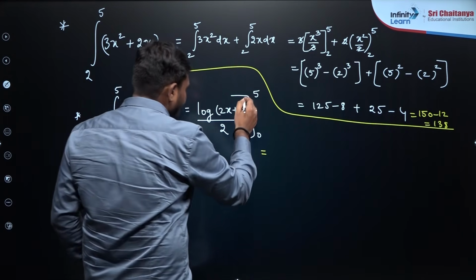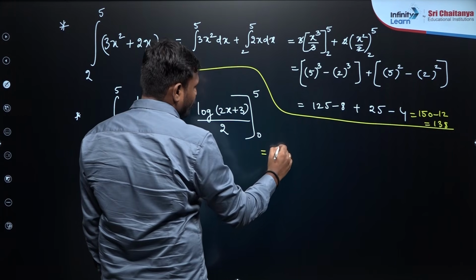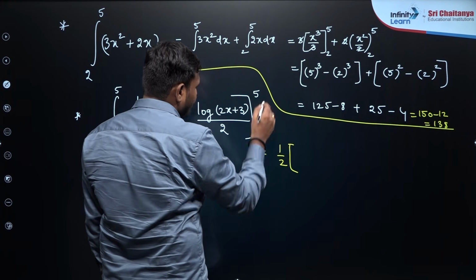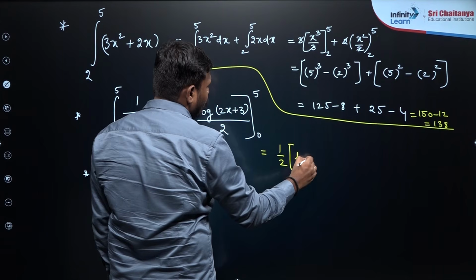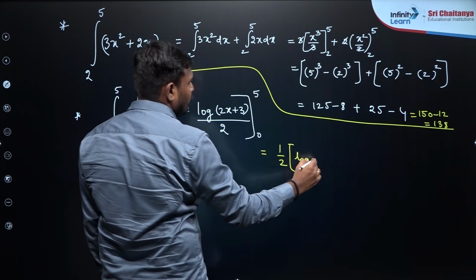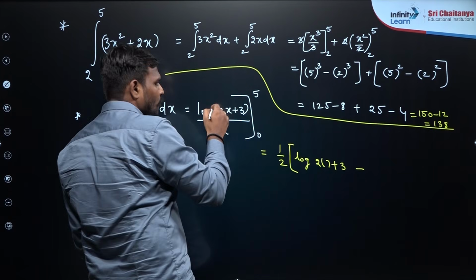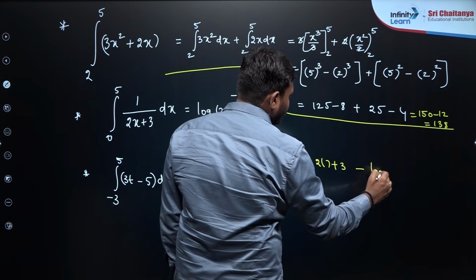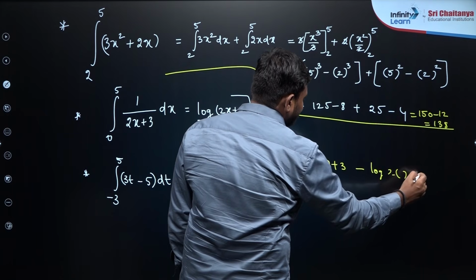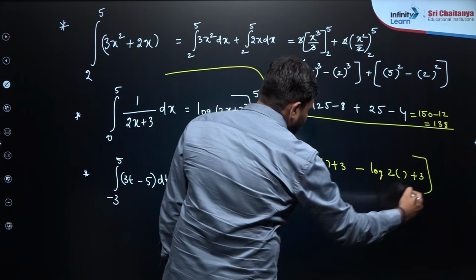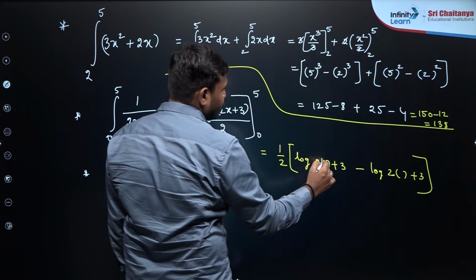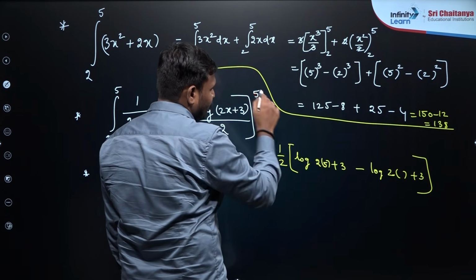Next, so first put the upper limit. 1 by 2 is a constant, keep it outside. When you put the upper limit, log 2x plus 3 minus, again the lower limit, log 2x plus 3. So the upper limit is 5. Instead of x we have to put 5.